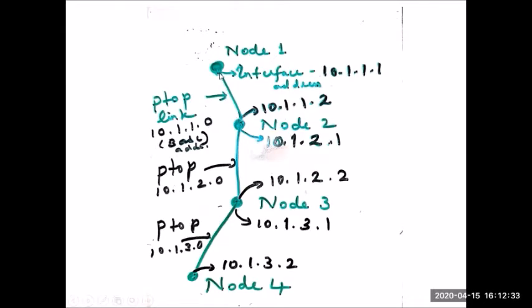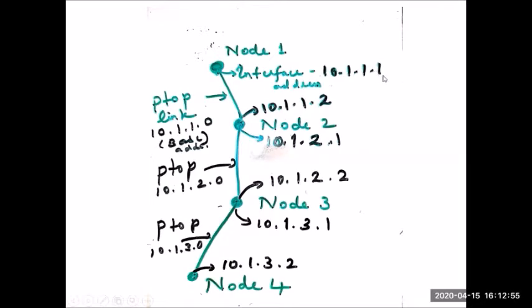There are 2 interfaces for this point-to-point link. One interface is at node 1. That interface we are going to give the first address in this set. This indicates the set of addresses which can be used by the devices here. We have only 2 devices, so the first 2 addresses are opted.